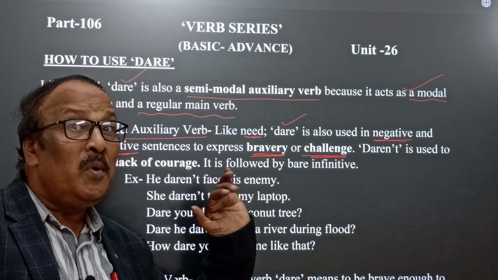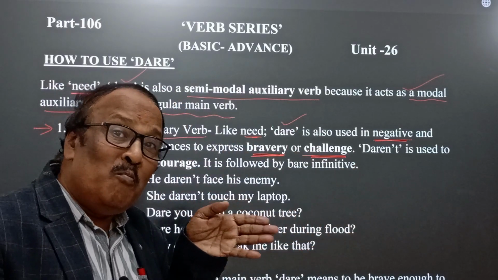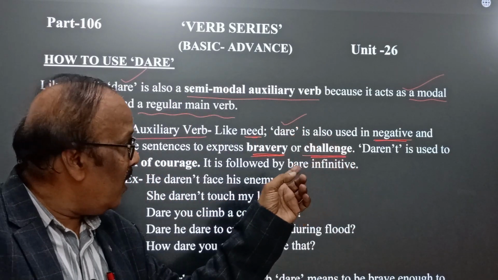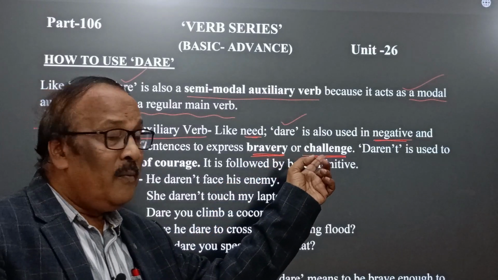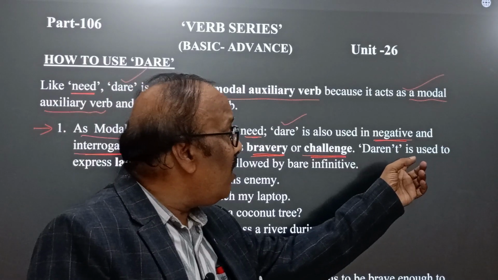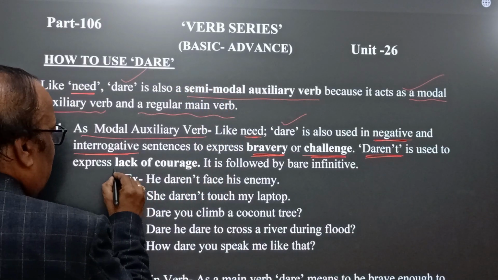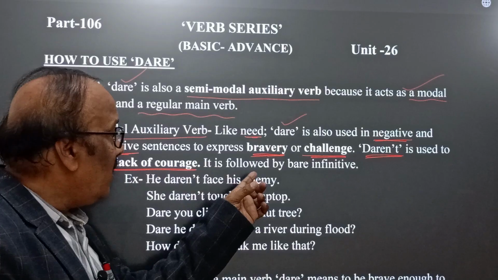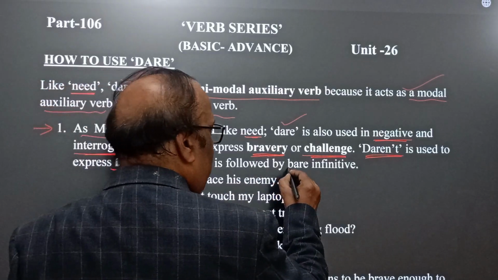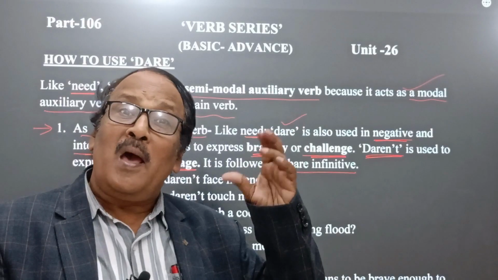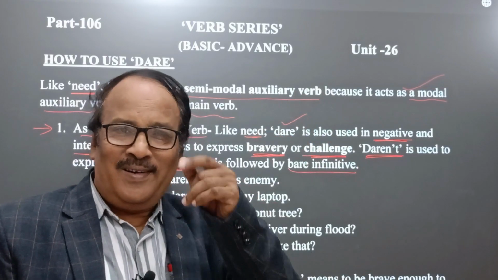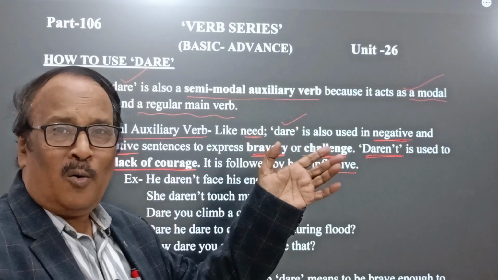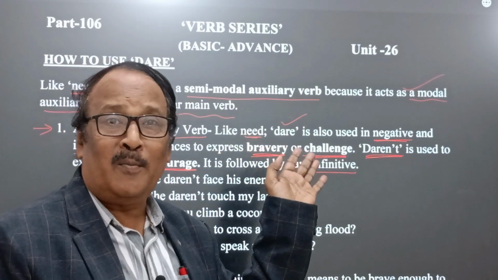Whenever dare is used to modify the main verb, it expresses the idea of bravery or challenge. Daren't is used to express lack of courage. It is followed by a bare infinitive. Generally, a bare infinitive is always used just after all the modals. How? Let's see in examples.